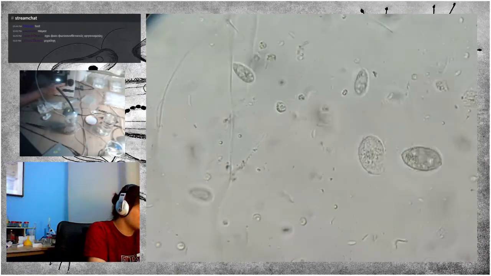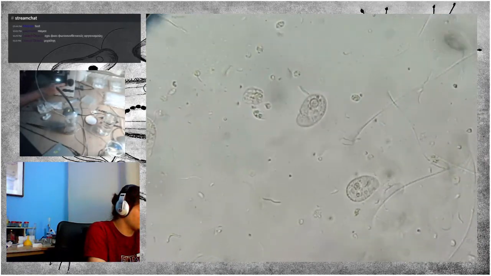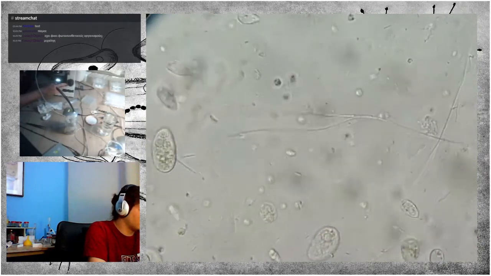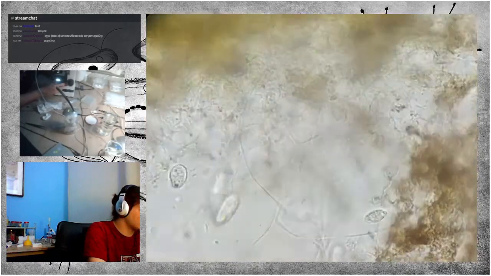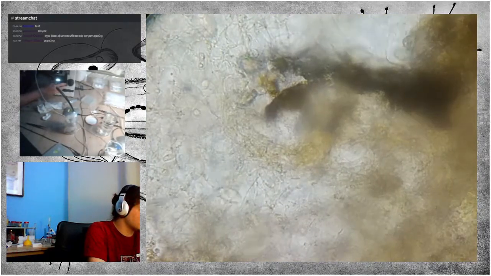As far as I can tell, the smaller ones are probably ciliates, and there are many different species of them.